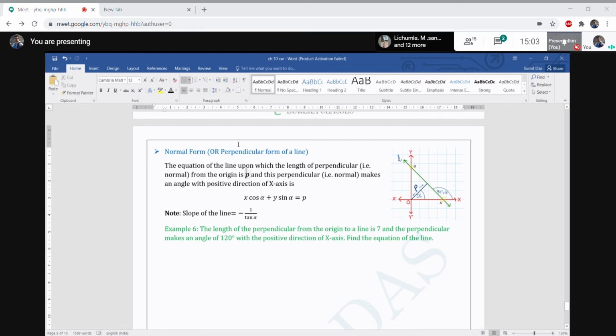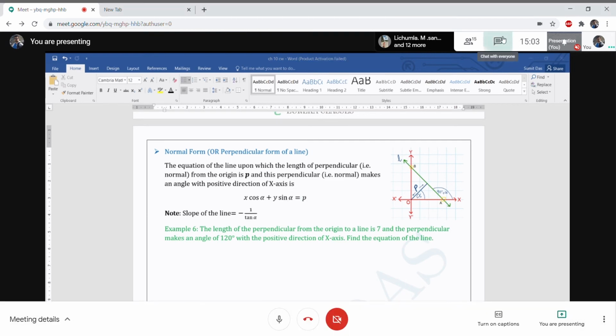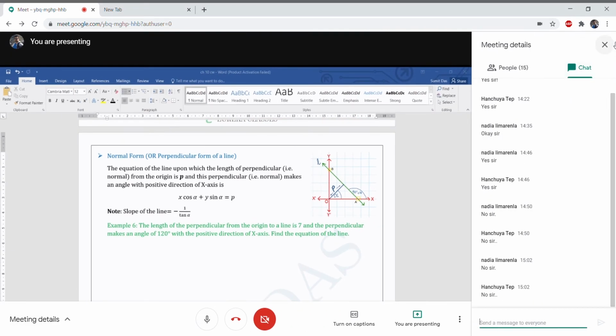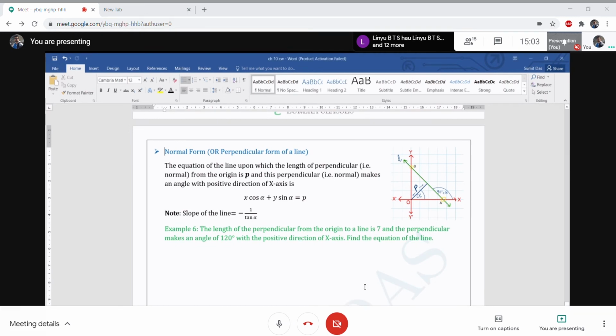In this part, it is the normal form. What is the normal form saying?